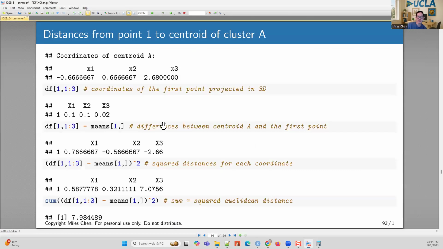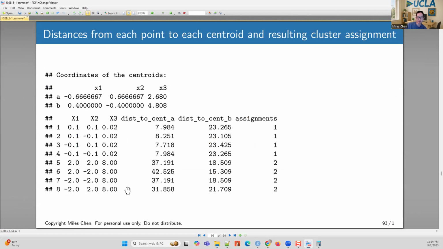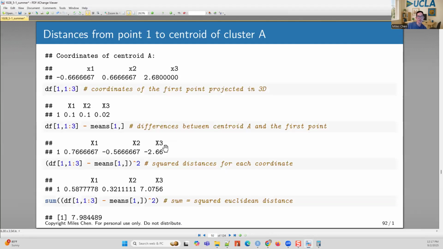So this first one, we said, what's the distance from point 1 to centroid A? It was 7.984 and 8.251 for the next point. And we calculated the distances to those centroids. Okay. But we did it by finding the actual coordinates of centroid A. And we said, what's the difference?